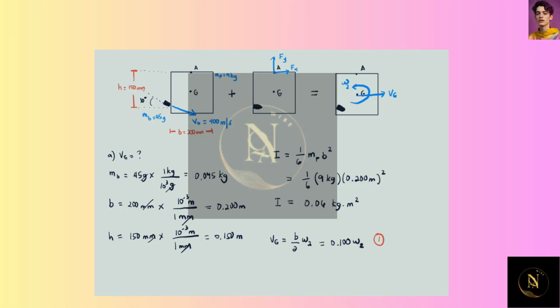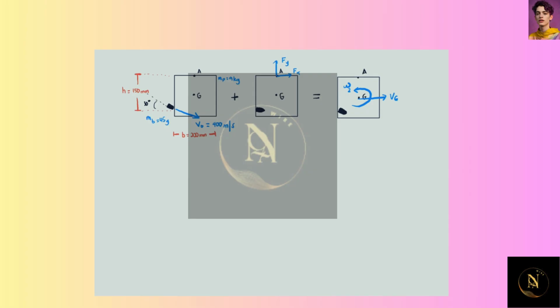Now, we'll write the equation for moments about point A, taking the counterclockwise direction as positive. For simpler analysis, we will assume that the mass of the bullet can be neglected upon impact.